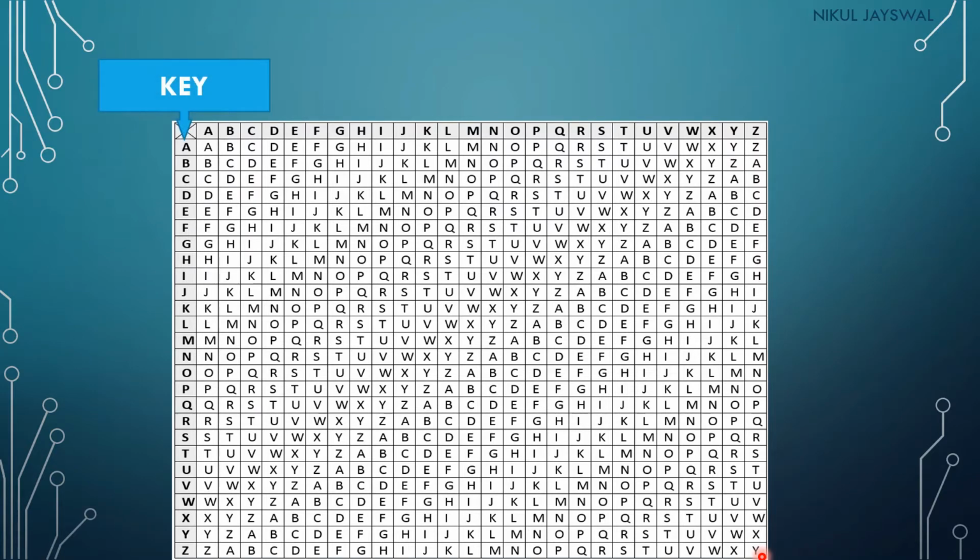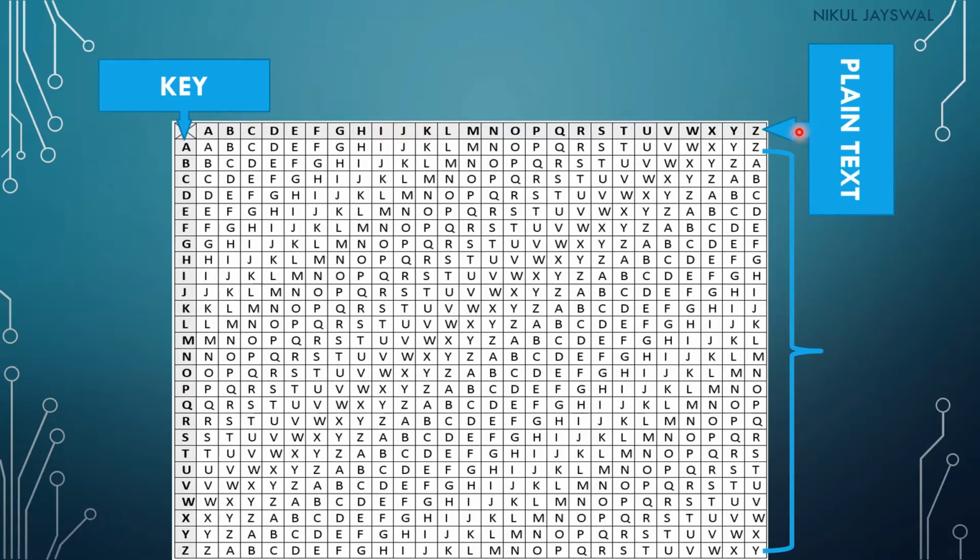In this table, the bold characters in the first column will serve as the key, and the first row will be treated as the plain text. Clear? The first column is treated as the key, the first row is treated as the plain text, and apart from this, the whole table is considered as the ciphertext.